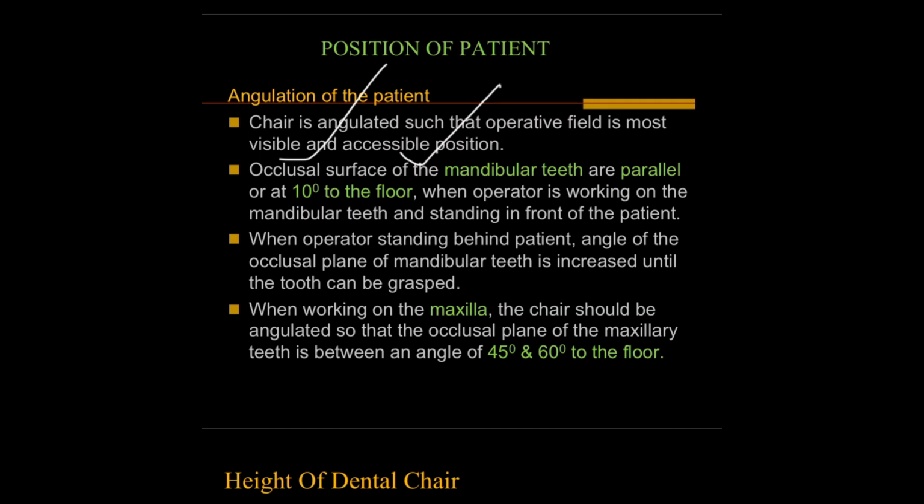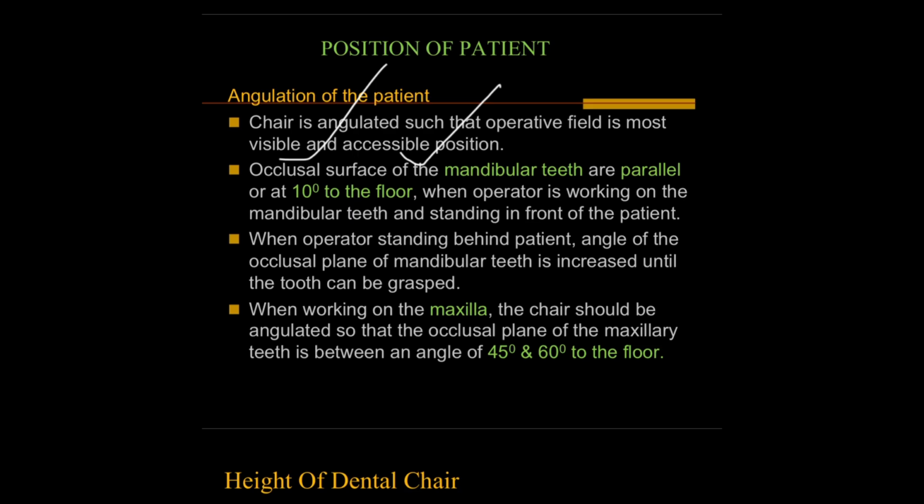Now while we are doing the mandibular teeth, the occlusal plane should be parallel to the floor or 10 degrees to the floor while the operator is standing in front of the patient. Whereas while treating the mandibular teeth, if the operator stands behind the patient, then the angle of the occlusal plane of the mandibular teeth is increased until the tooth can be grasped.